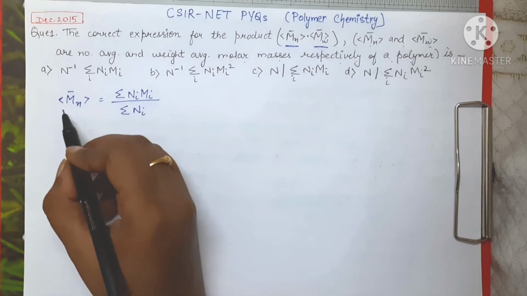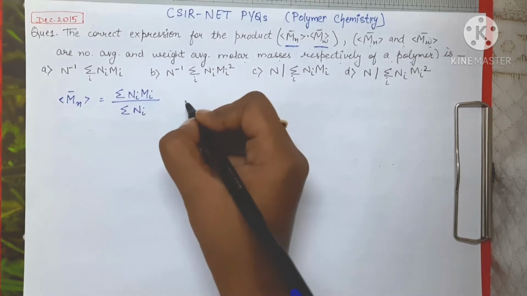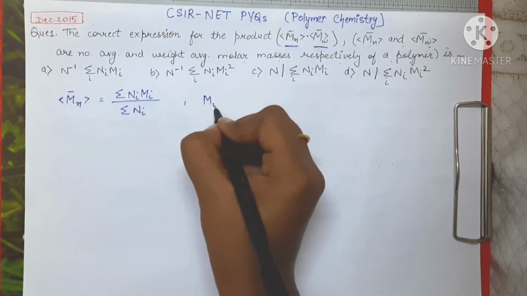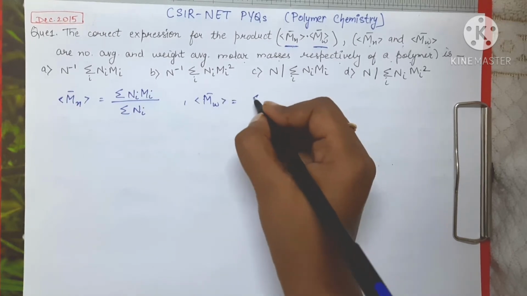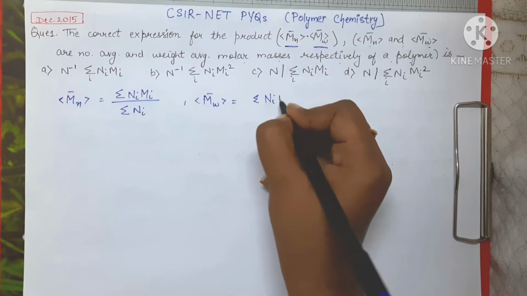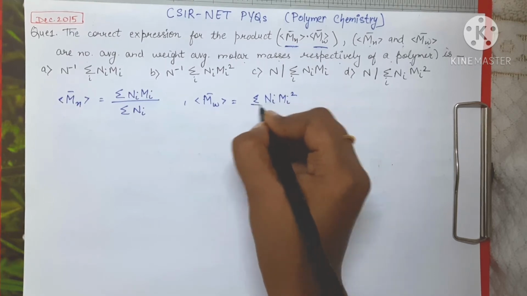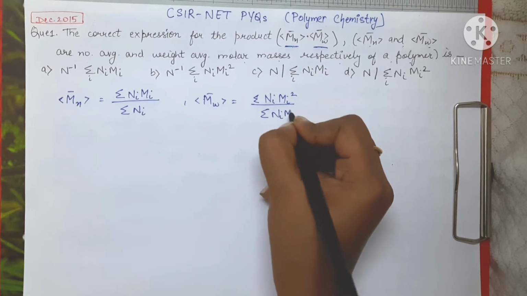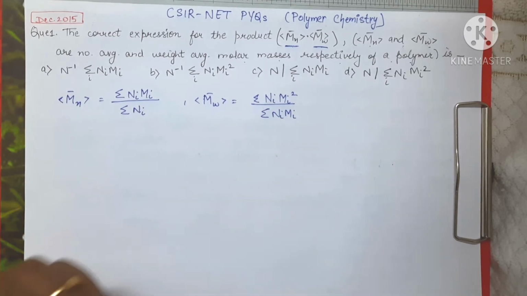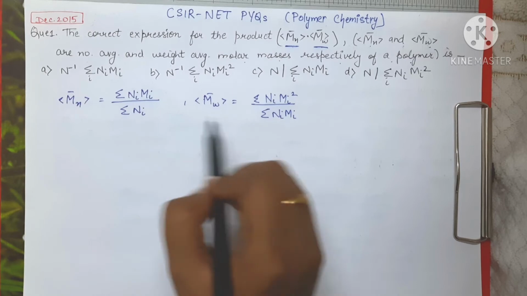So Mn is equal to this, and the formula for Mw is sigma Ni Mi square upon sigma Ni Mi. So we have to find out the product of these two.